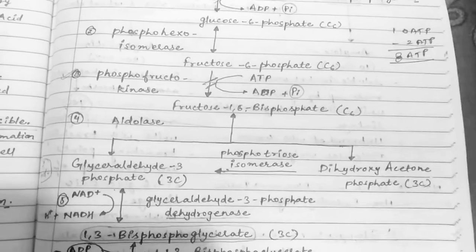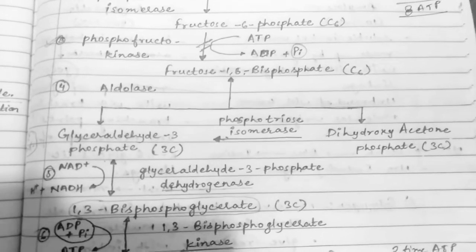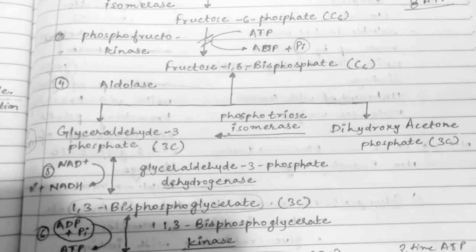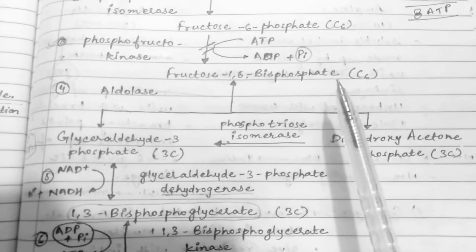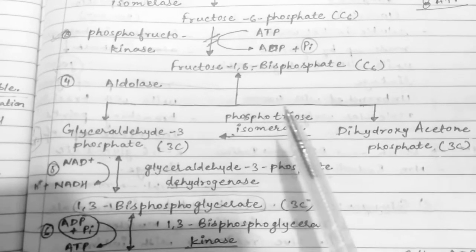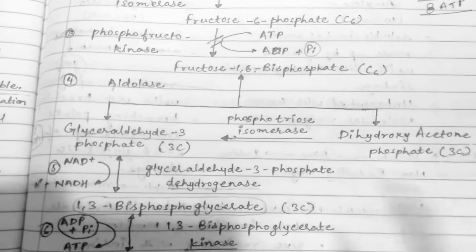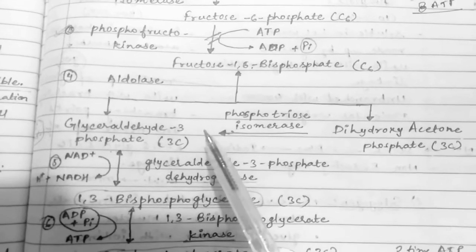Student, you need to remember for glycolysis the kinase reactions are irreversible, and the rest of the reactions are reversible. Then step number 4, this reaction is very important. Fructose 1,6 bisphosphate is converted into two products, and both products have 3 carbons.